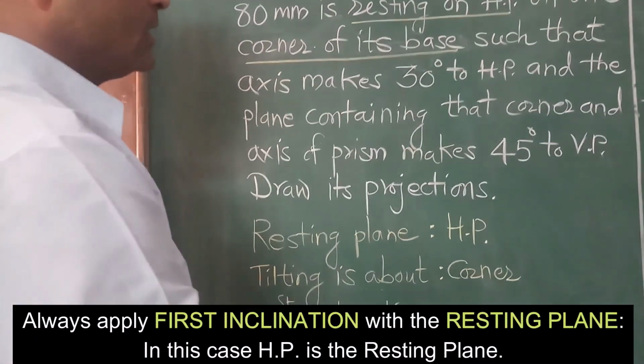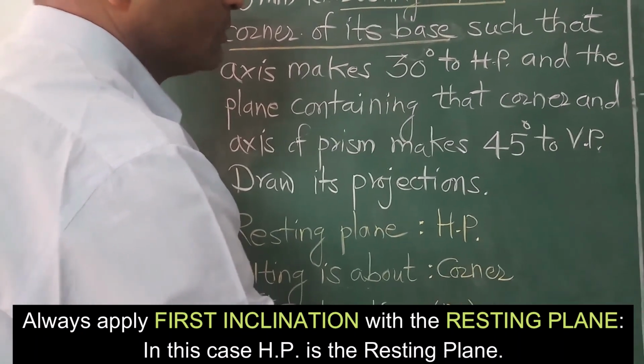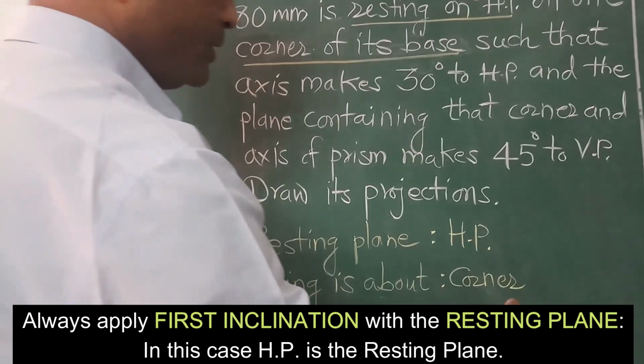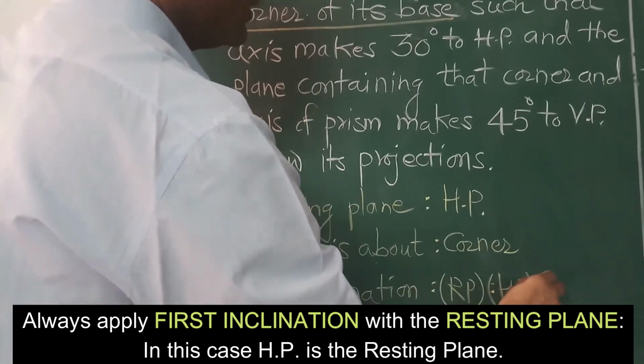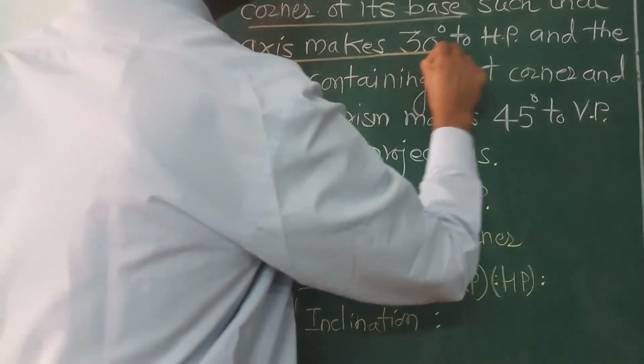Then we have to give first inclination. We know we always give first inclination to the resting plane. So in this case resting plane is HP. That's why we have to give first inclination to HP, and it is axis makes 30° to HP.